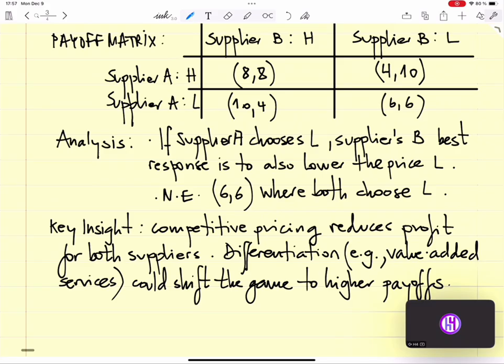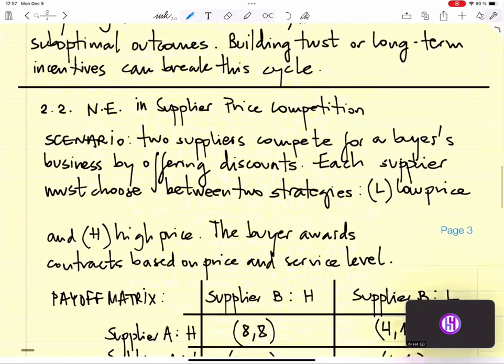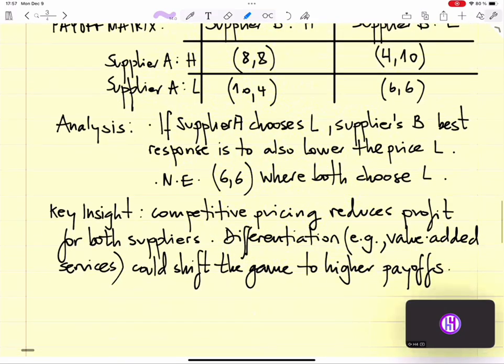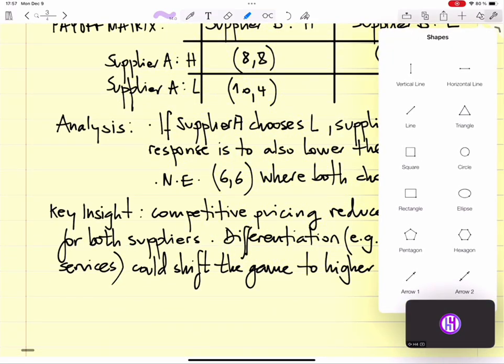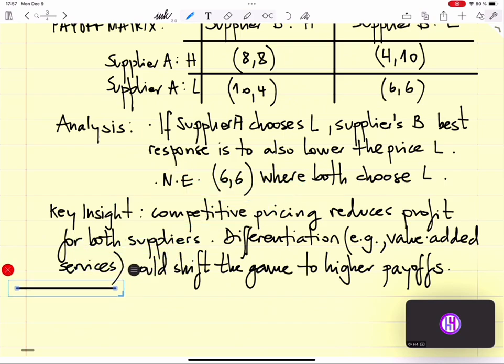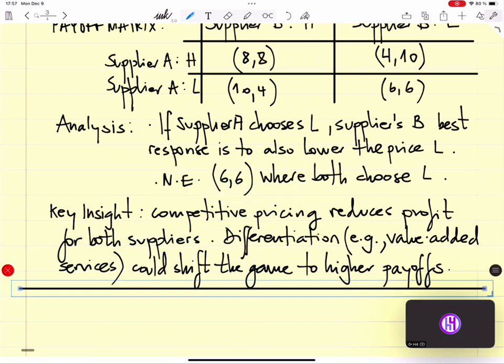So, any questions? No? This is the Nash equilibrium concept again in competition. What another example? 2.3.